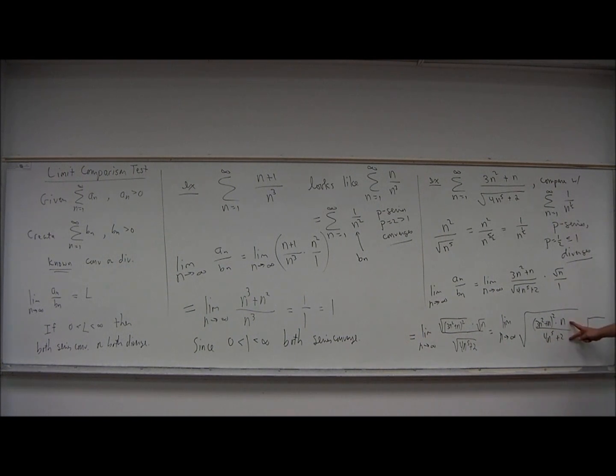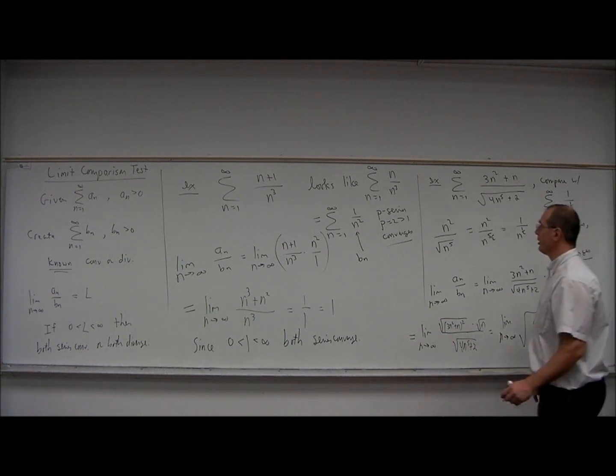So the limit inside the square root is the ratio of the lead coefficients. The lead coefficient on the bottom is obviously 4. And on the top, the lead coefficient, what will that be? When we square this one, we'll get 9n to the 4th times that n is going to be 9n to the 5th. So the lead coefficient on the top is going to be 9. So the square root of 9/4. So the L value is 3 over 2.